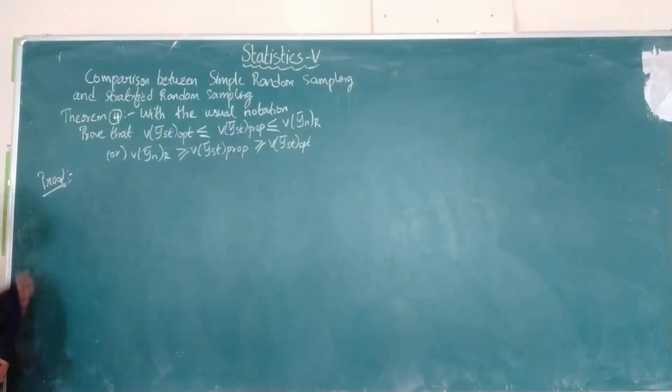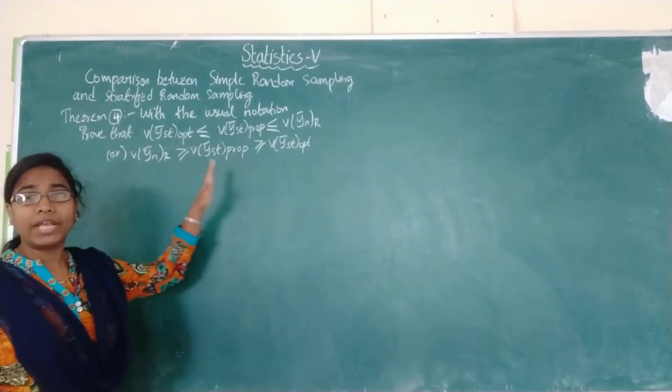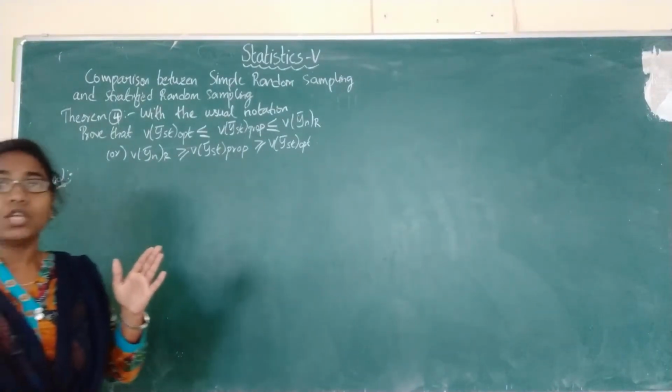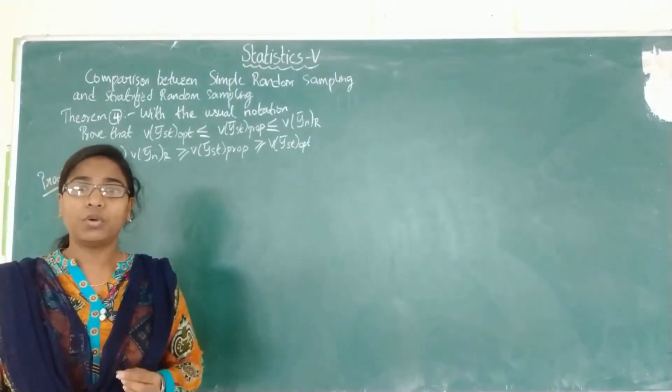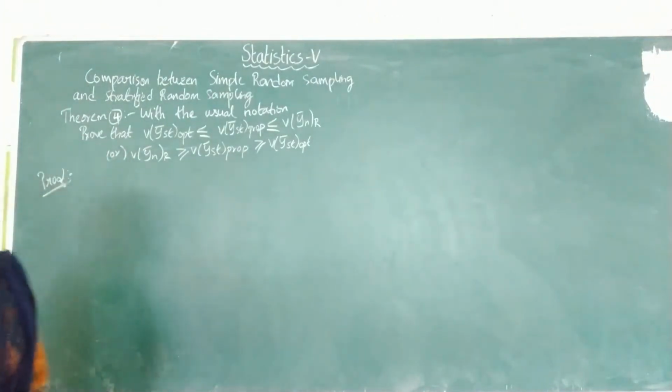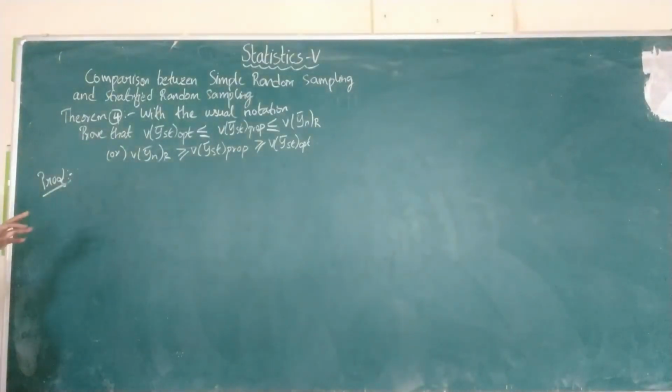Coming to the proof, as we are comparing three variances, first we should know their values. So first we have to write the variance values of random sampling, proportional allocation and optimum allocation.